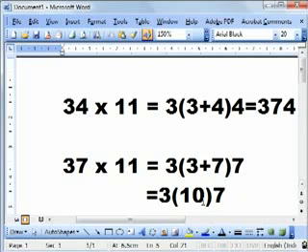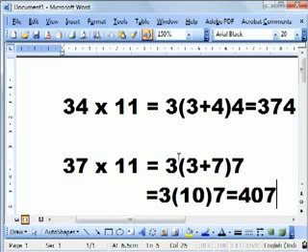If you add two numbers and the result is greater than 10, what we do is just take the 1 and add it to the first number. So the answer is 407. Simple.